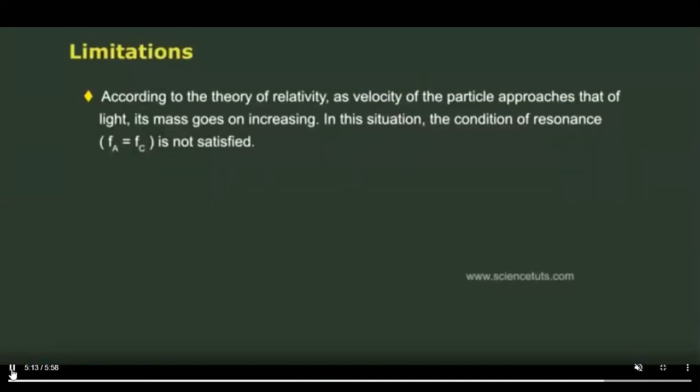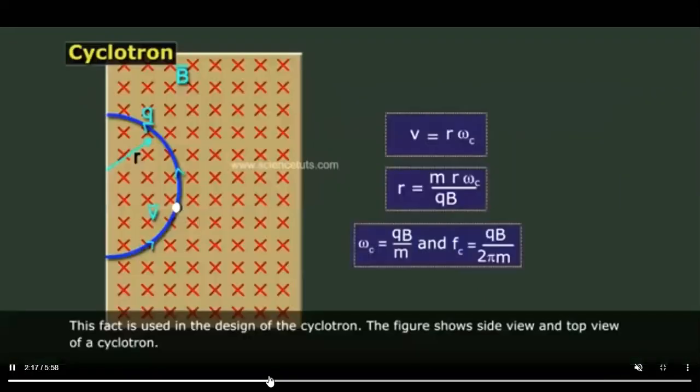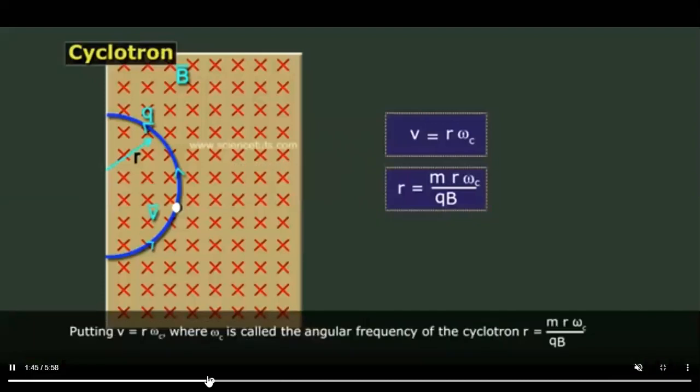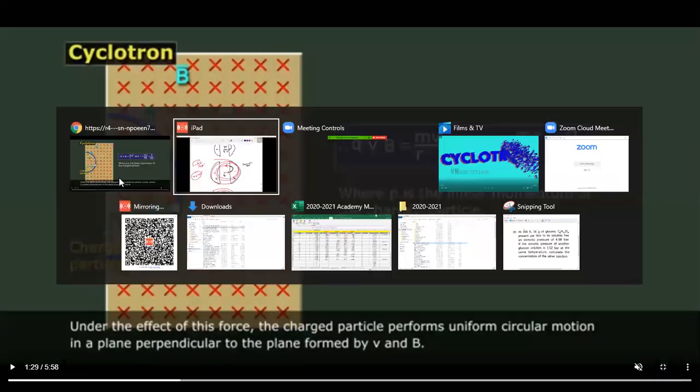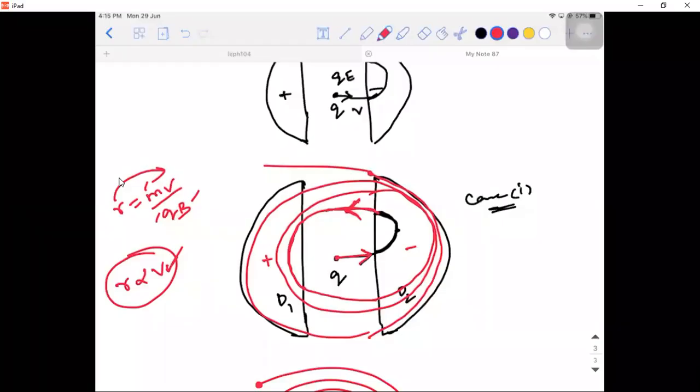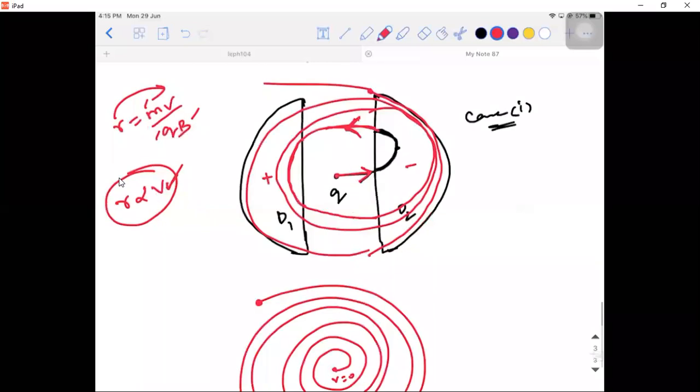Okay. Now let's see some mathematical part for it. Now we need to derive what is going to be the kinetic energy with which the particle is going to come out. The derivation is very simple. Guys, listen.